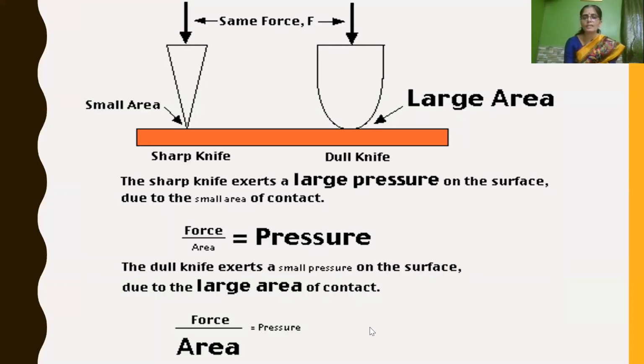Just the opposite: area more, pressure exerted less; area less, pressure exerted more. So pressure is nothing but force upon area, and it depends upon two factors. Force applied: more the force applied, greater the pressure. And regarding area: more the surface area, lesser the pressure, and lesser the surface area, greater the pressure.